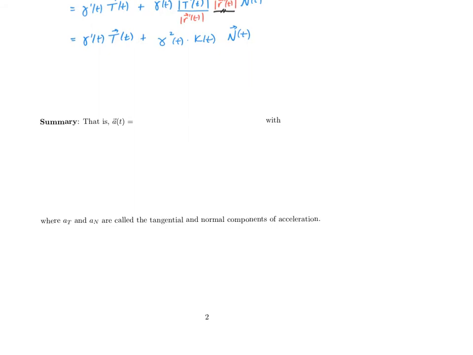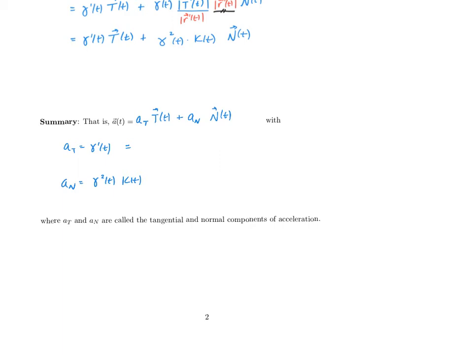The acceleration vector can be written exactly in the form that we have above: some scalar quantity a sub T times the unit tangent plus some scalar quantity, let's say a sub N, times the unit normal vector, where a sub T is equal to gamma prime of t, and a sub N is equal to gamma squared times curvature. And depending upon the context that we are working in, we can also write these in slightly more convenient forms.